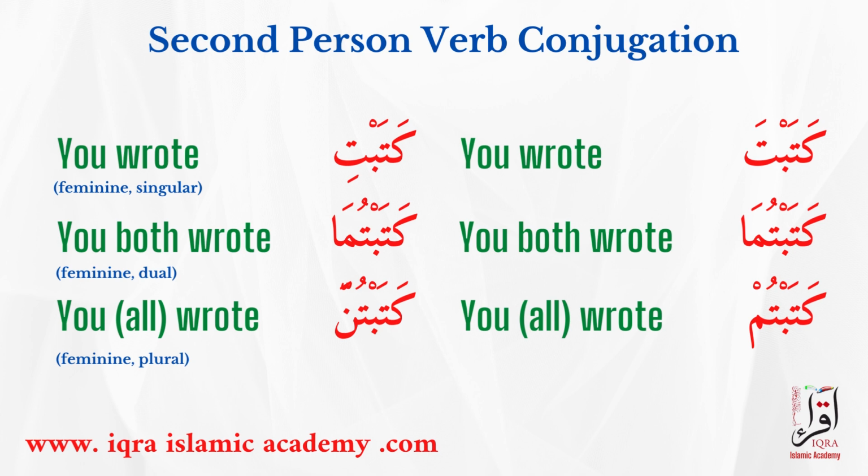When we add a ta maksur, it becomes you wrote for feminine. Katabtuma, you both wrote. Both masculine and feminine dual in the second person verb conjugation are the same. Katabtunna, when we add tunna at the end, it becomes katabtunna, you all wrote for plural.